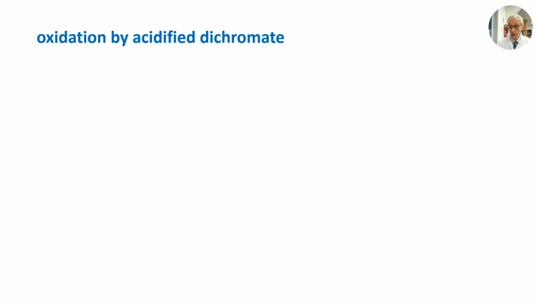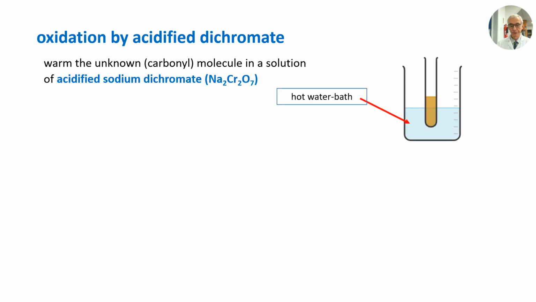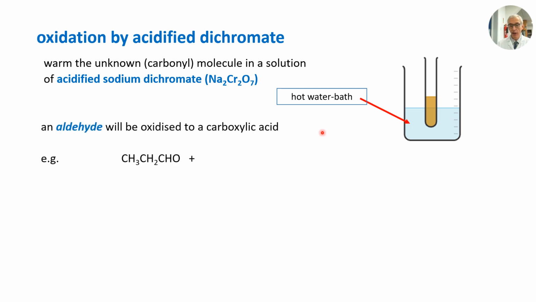The first of those oxidations is by acidified dichromate. Typically acidified sodium dichromate, and there is the formula. The color of a dichromate is orange, and you place that into a test tube in a hot water bath. Now an aldehyde will be oxidized to a carboxylic acid.